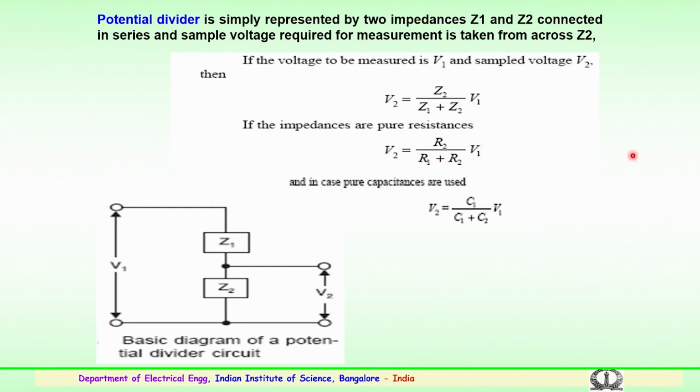So, this is how the ratio or the value could be obtained. And in case, instead of resistors, capacitors are used, so in case of pure capacitance, V2 will be equivalent to C1, that is the lower capacitor, by C1 plus C2 into V1.